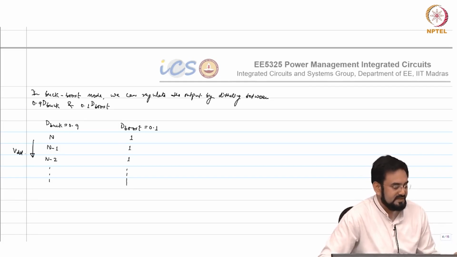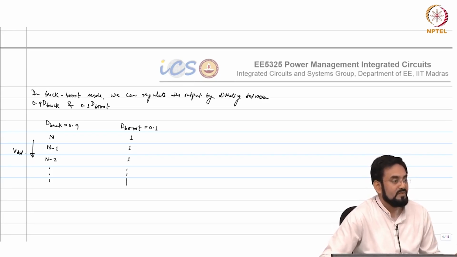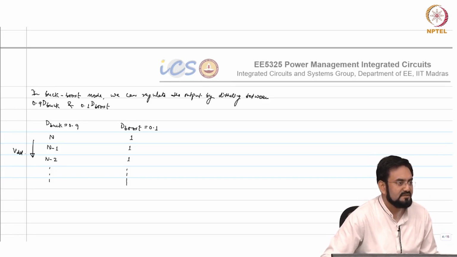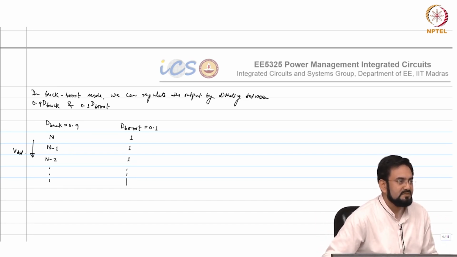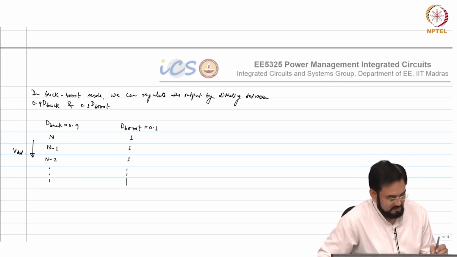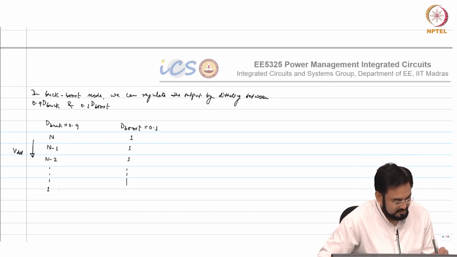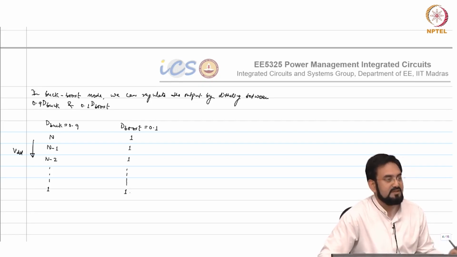VDD is increasing or decreasing? You are reducing number of buck cycles, which means VDD is reducing. For the same output, you want to increase the duty cycle when VDD is reducing. So finally, you will get 1:1.